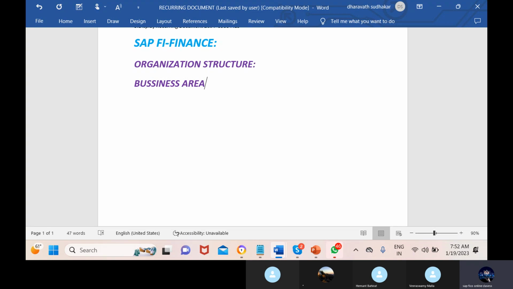Business area and profit center are defined as per location or functional activity. For a single company code, we can have n number of business areas. Please listen to this relation carefully.